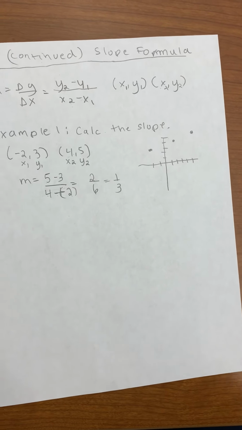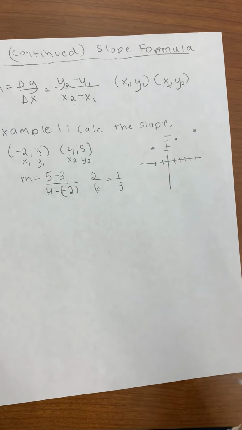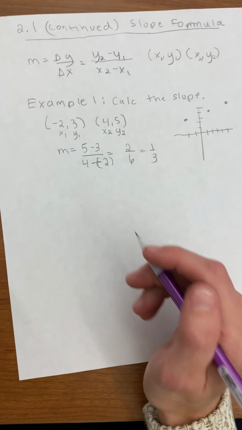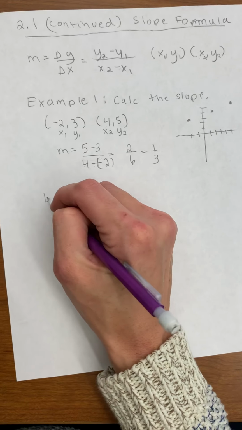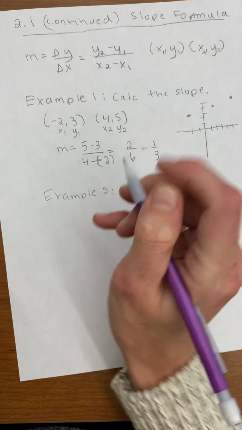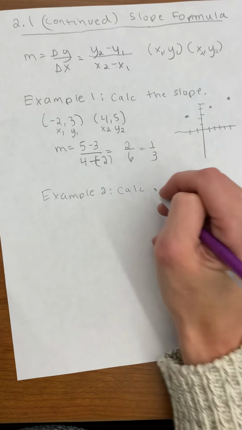I want to give you one more example that you can see and work with and touch, because it's interesting when you get a number like this. So I'm going to call this example 2. I want you to calculate the slope.